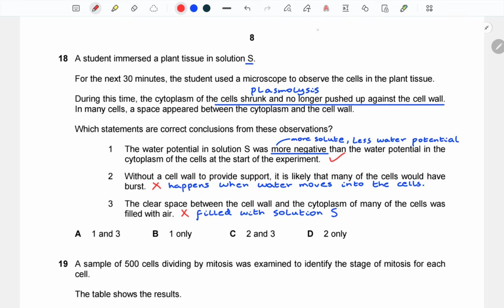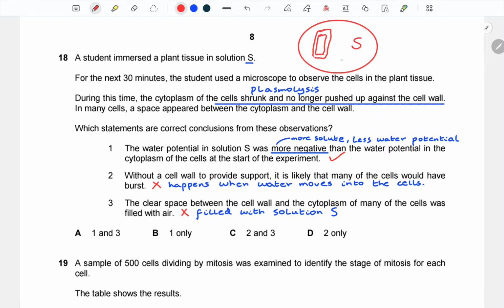Let us visualize this real quick. So we've got our plant cell over here, and this is solution S. The statement is stating the water potential in solution S was more negative than the water potential in the cytoplasm of the cells.